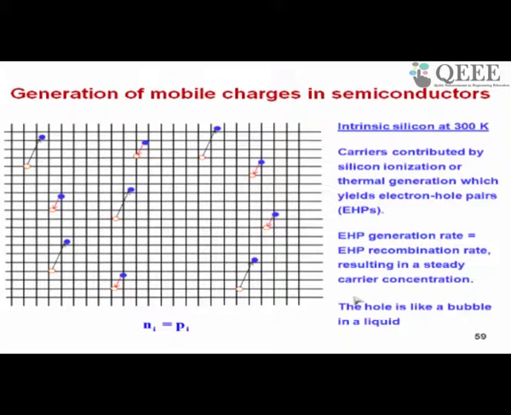Therefore, in the context of semiconductors, this vacancy or broken silicon bond, which moves around because of the movement of other bonded electrons into these vacancies, is given a positive charge, because the direction of motion of this vacancy is opposite to the direction of motion of the electrons. Therefore, the charges are opposite.